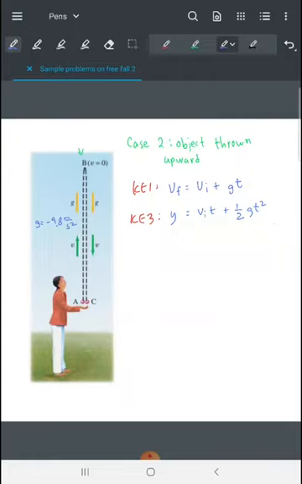So, ano ang formula? Paano natin ito i-simplify? So, para mahanap mo, kasi minsan tatanong no kung ano yung maximum height. So, to find the Ymax, pwede kong gamitin yung KE number 3. Sorry, number 2 pala yung sinulat ko. KE number 3 is VF squared equals VI squared plus 2G displacement along the y-axis.